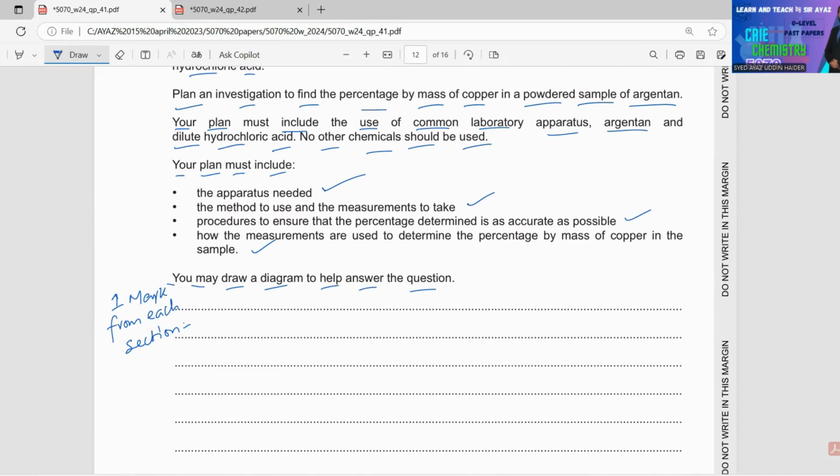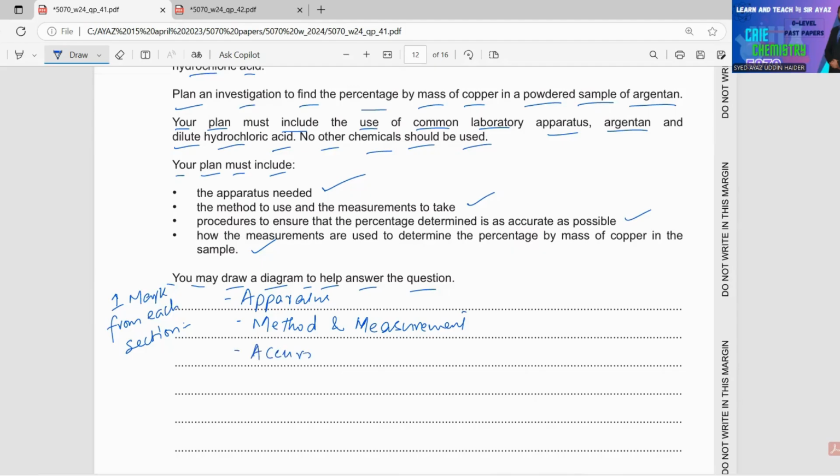And what are these sections? We have apparatus, we have method and measurement, we have accuracy.